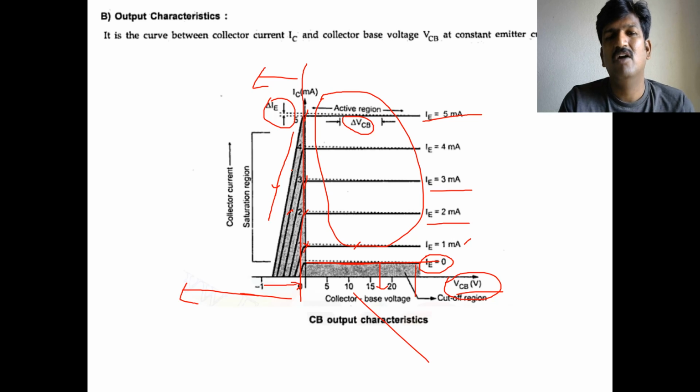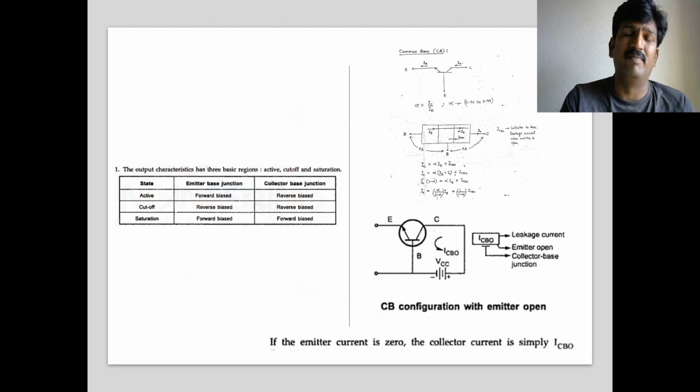This is how the CB output characteristics are drawn between IC and VCB while keeping IE constant. IE constant means you are keeping VEB constant. If you go on extending the VCB, what happens?